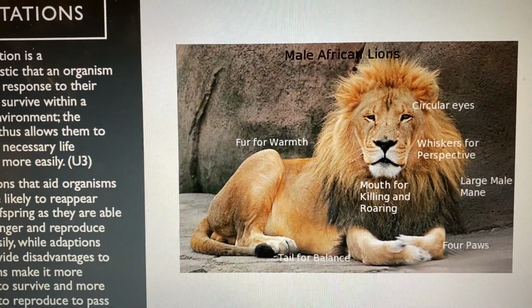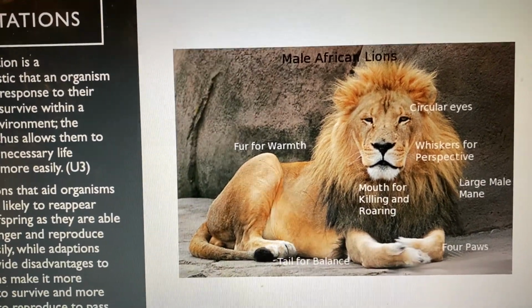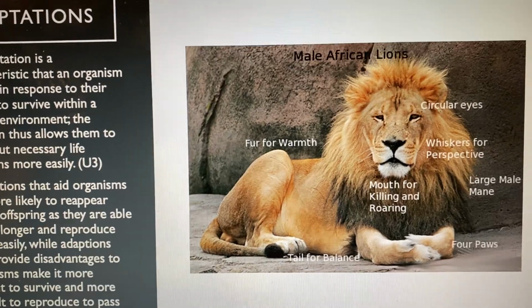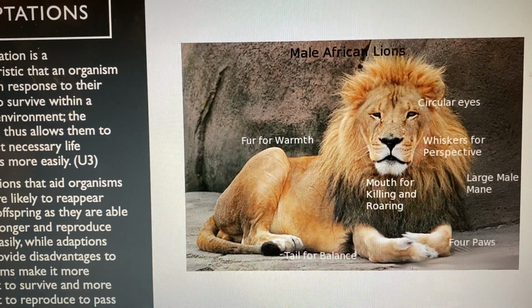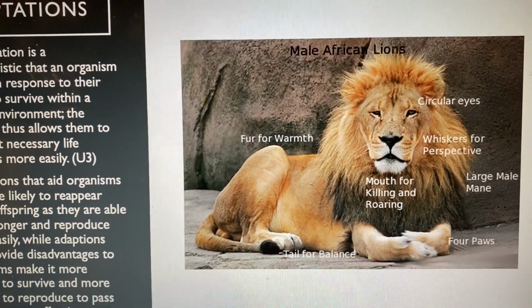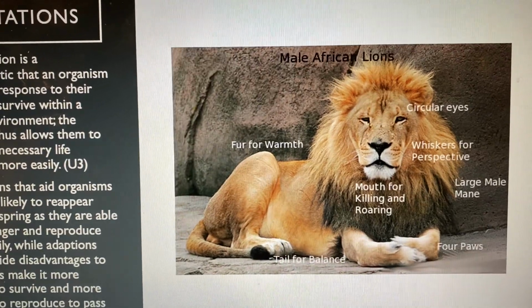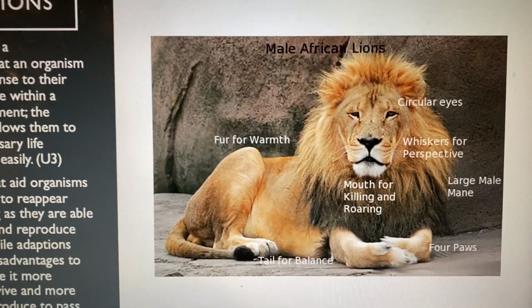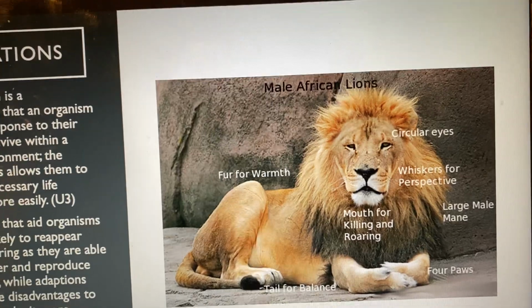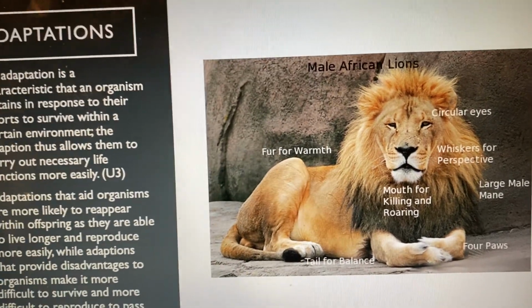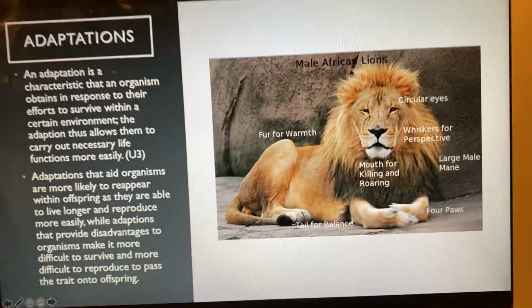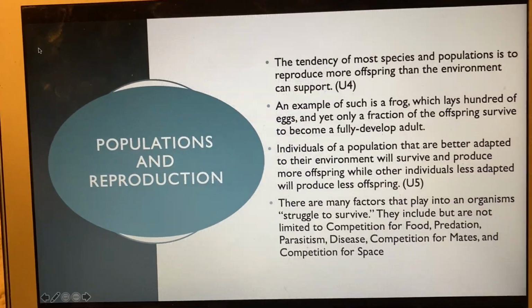A large male mane to denote to other females that it is a male. And then paws, of course, to run, and a tail for balance, which is very important when they hunt. So a lion is obviously a very majestic creature with many different characteristics that have allowed it to become the king of the jungle.